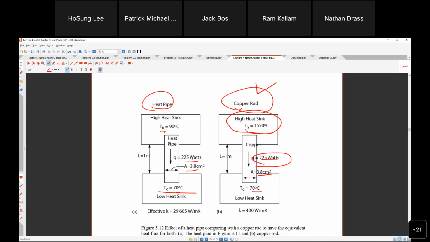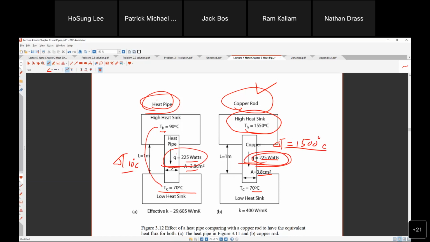So what is that? A heat pipe can achieve the same heat flow with a small temperature difference, 10 degrees. 1,500 degrees is required with copper to have the same heat flow.